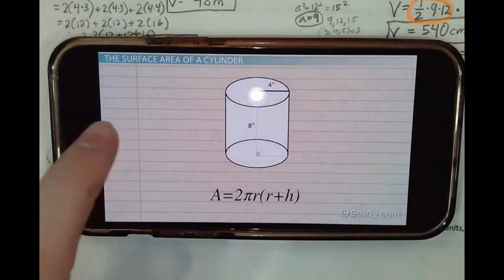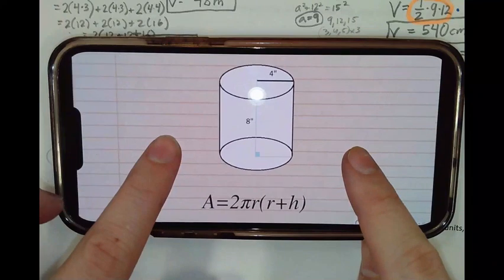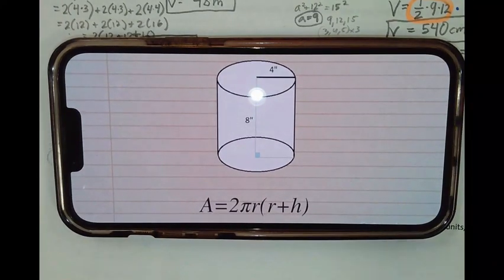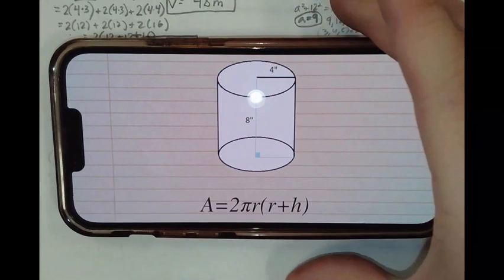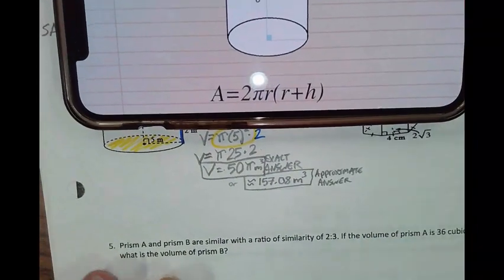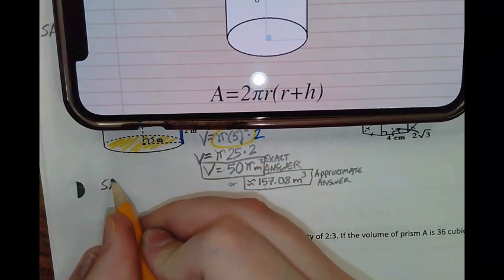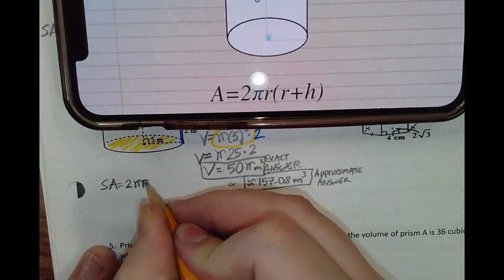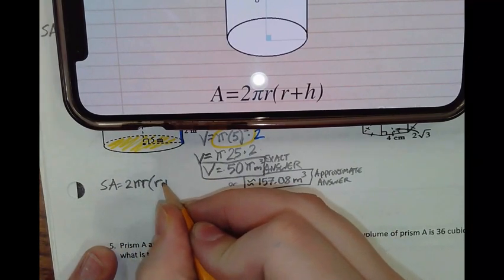But what's really great is we can break this into a very simple formula. And this is the formula that we're just going to use for surface area if needed. Okay, so I'm going to write that formula down here. Surface area equals 2 pi r times r plus h.